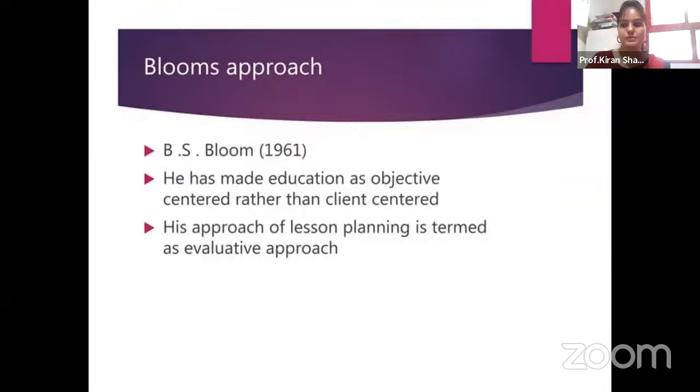Next comes Bloom's approach. It was given by B.S. Bloom in 1961. He made education objective-centered rather than client-centered, and his approach to lesson planning is termed the evaluative approach. It is totally the evaluative approach.